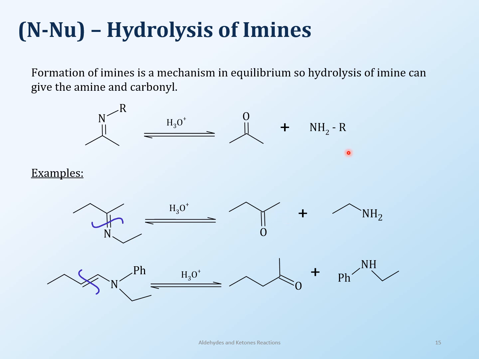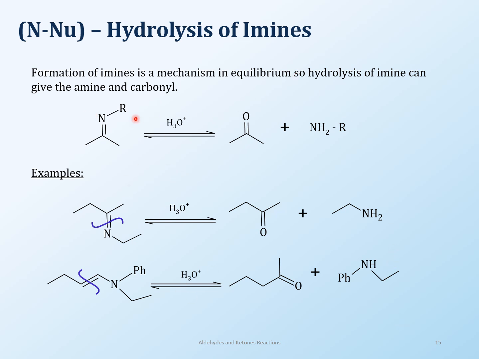So this is hydrolysis of imines, and what this is telling you is that the formation of an imine is also in equilibrium. I didn't point it out before, but this is also in equilibrium, which means it can go back and forth, so you can take the imine and convert it right back to an aldehyde or a ketone. These are all reversible reactions.